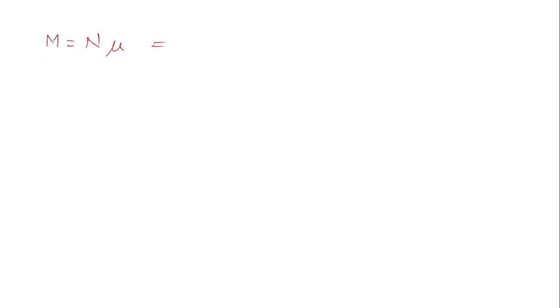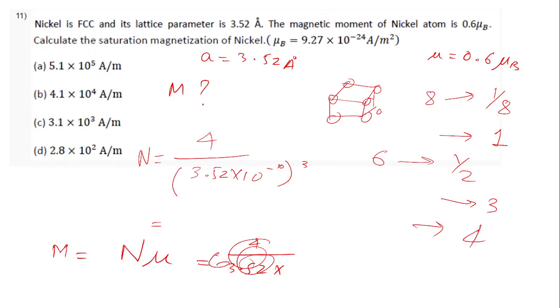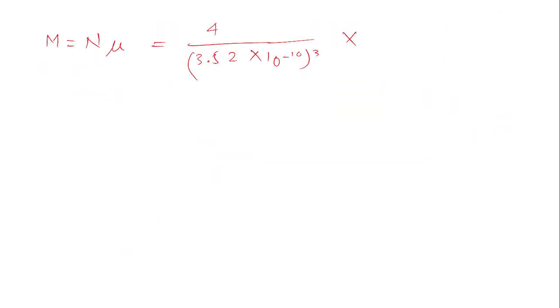Number of atoms per unit volume is 4 divided by 3.52 times 10 to the power minus 10 whole cube, and magnetic moment is 0.6 Bohr magneton. Bohr magneton is 9.27 times 10 to the power minus 24 ampere per square meter.